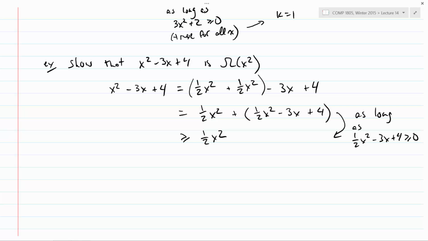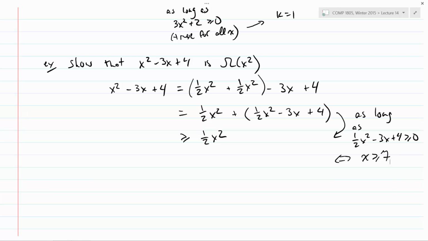When is that true? So that's kind of tricky, right? You either need to solve the quadratic or do some trial and error. I'm going to tell you, for the interest of time, that that's true when x is at least 7, say. Not claiming that that's the best answer, but it's certainly true when x is at least 7.